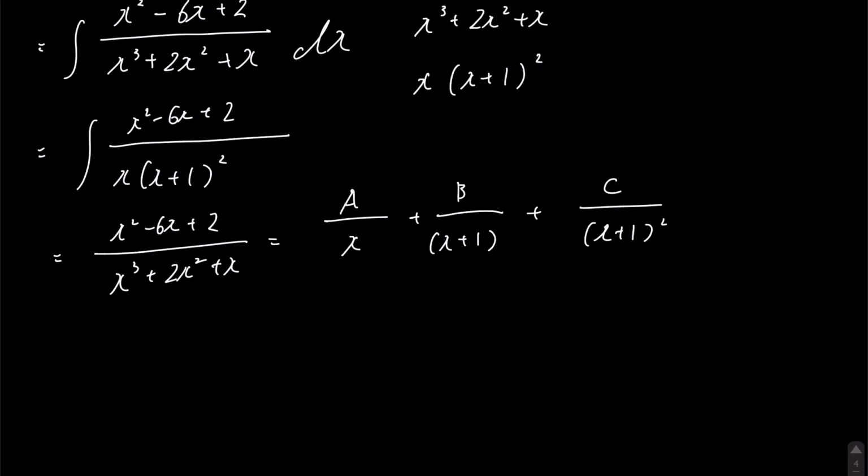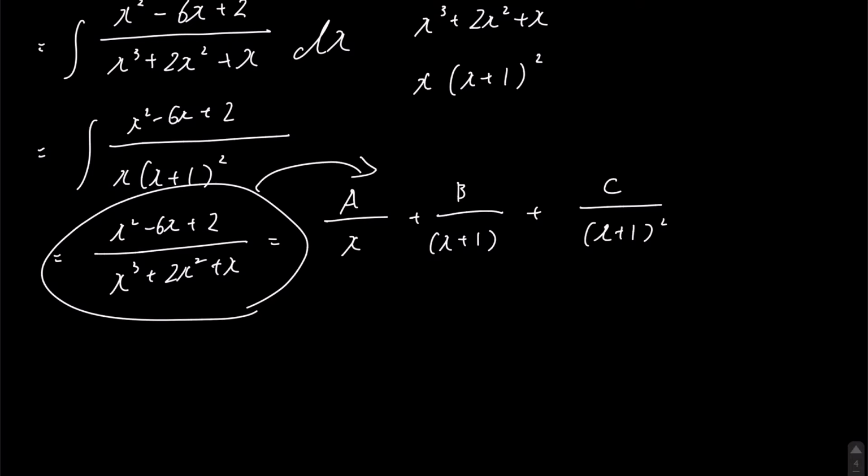Since this is equal to this one, we can find A, B, and C by writing this all over the same common denominator. So let's do that.